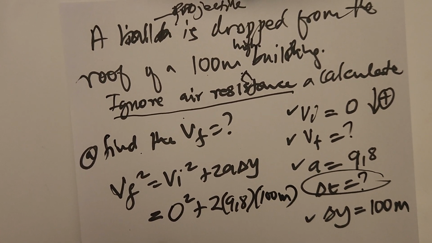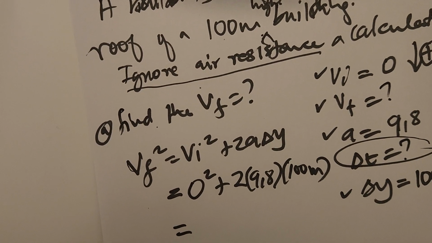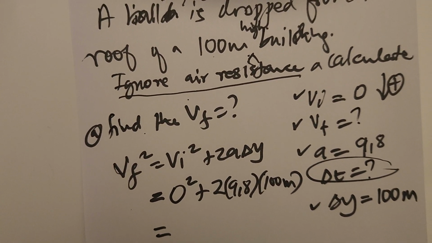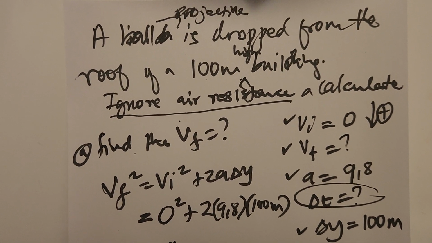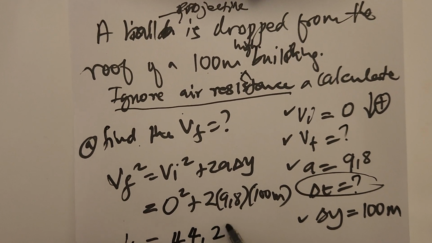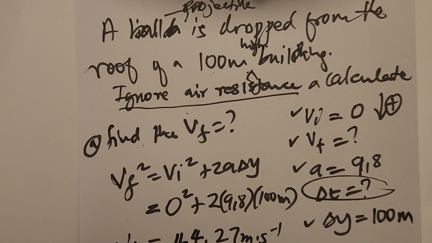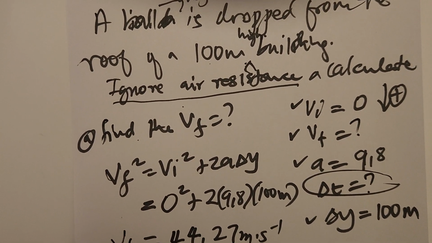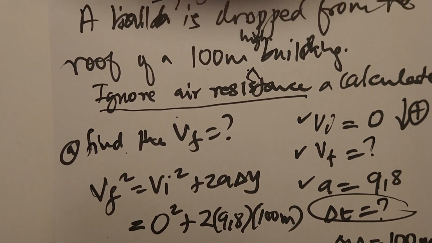Then you use your calculator in that case. Let's calculate, and then we'll get, if we use the calculator, Vf will be 44.27 meters per second. That will be the Vf. Now, the second question you can always create, in this case, based on the given information.